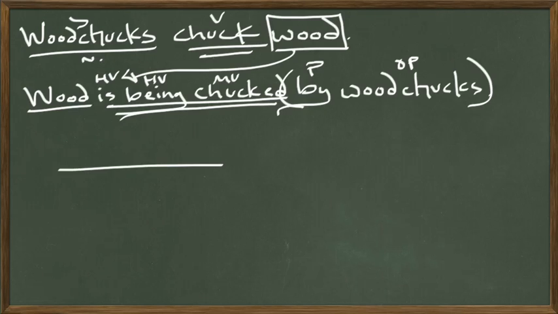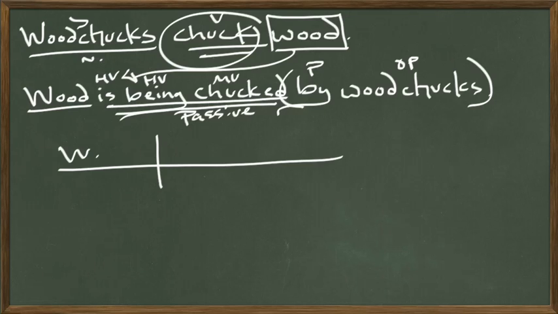So when we diagram this, the first one is active and the second one is passive. To diagram it in the active voice, we would just say woodchucks chuck wood. It's very simple.